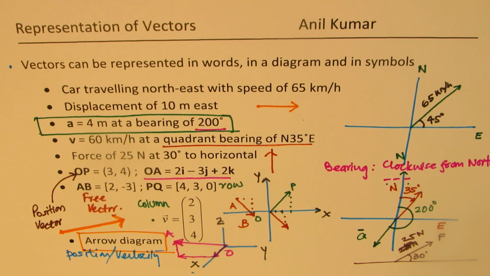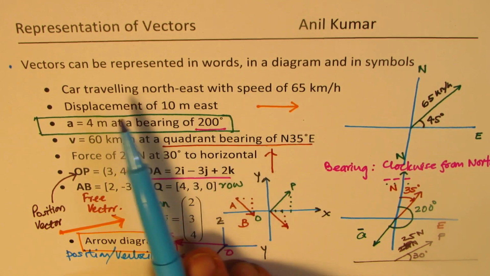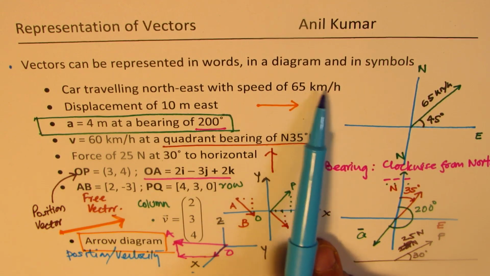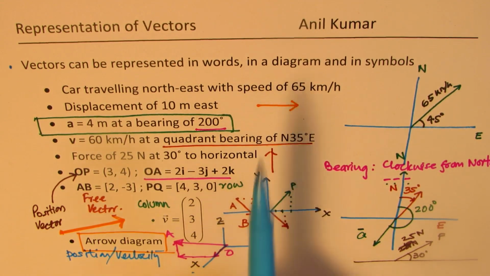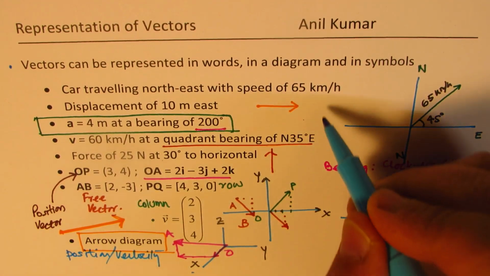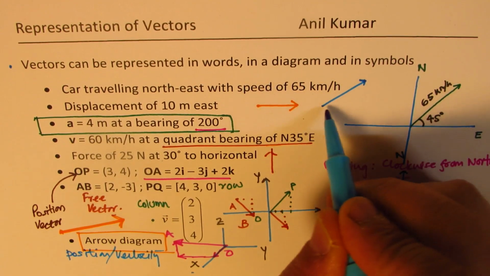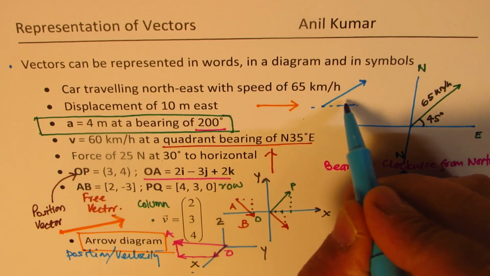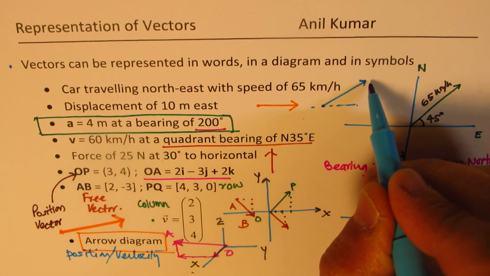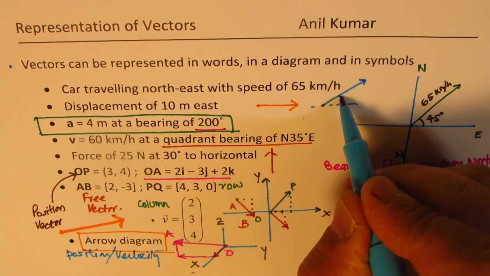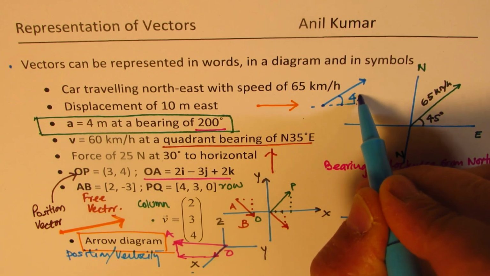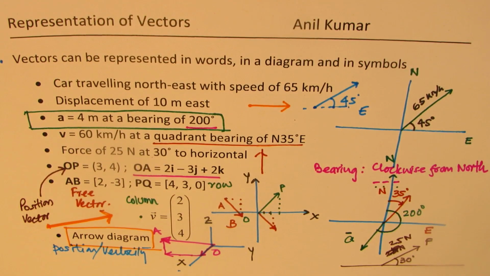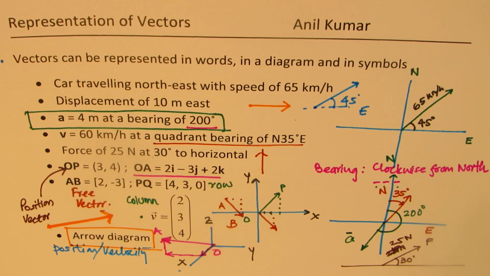So let's summarize. Vectors can be used in words, such as a car traveling northeast with a speed of 65 kilometers per hour. In the form of a diagram, if I draw any vector, kind of like this, saying that this is going from a point A towards P, the magnitude is 65 and this direction being 45 degrees with the horizontal, which is normally represented as east, will be treated as northeast.